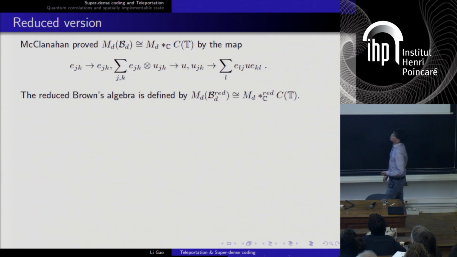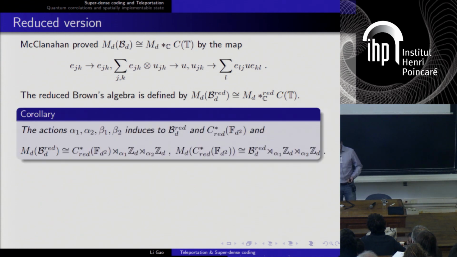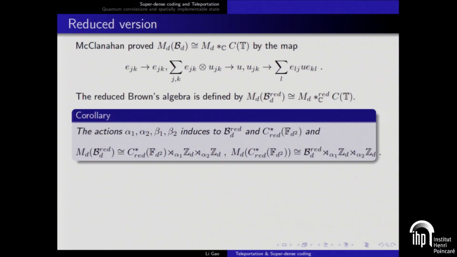Then the reduced Brown algebra is defined by the reduced free product with respect to the unique trace on the matrices and the standard integral on the torus. With this definition, we have the corollary that the actions on the full system algebra can all be induced to the reduced system algebra. Moreover, we have our isomorphism result. This is actually just one more step beyond our full system algebra isomorphism results.